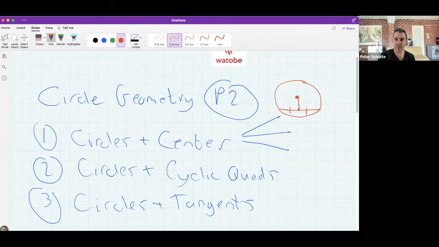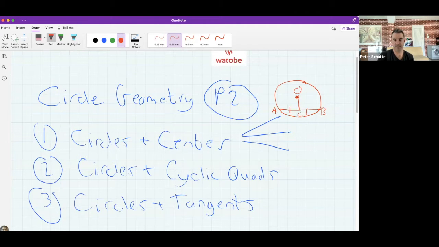If we know there's a line from the center to the midpoint of a chord, what else do we know about this particular circle and chord combination? I'd love to see in the chat. We're just doing a little recap. If there's a line from the center to the midpoint of the chord, what do we know? What does that theorem tell us?